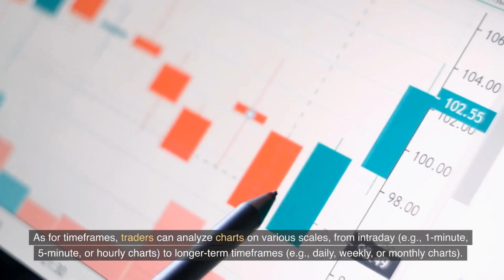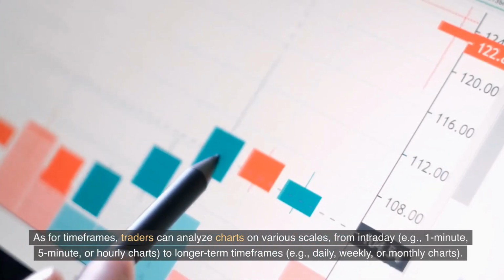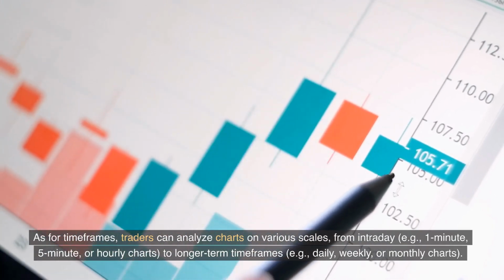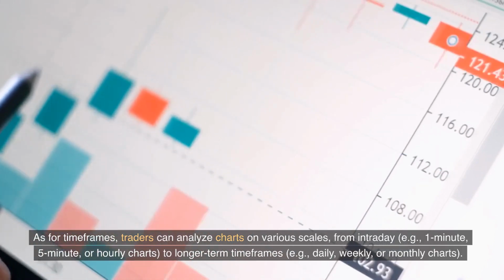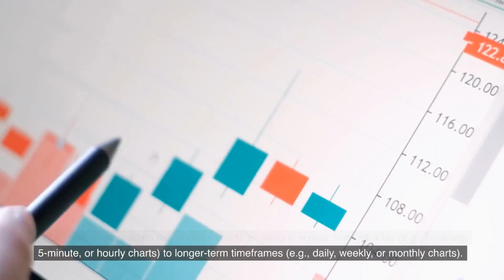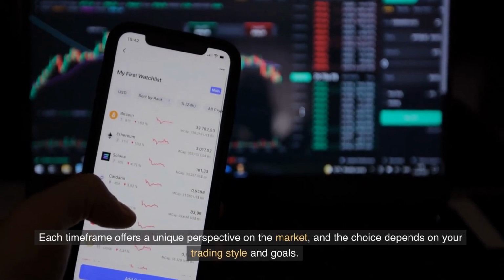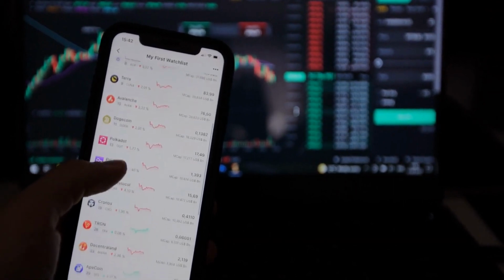As for time frames, traders can analyze charts on various scales, from intraday, e.g., 1-minute, 5-minute, or hourly charts, to longer-term time frames, e.g., daily, weekly, or monthly charts. Each time frame offers a unique perspective on the market, and the choice depends on your trading style and goals.